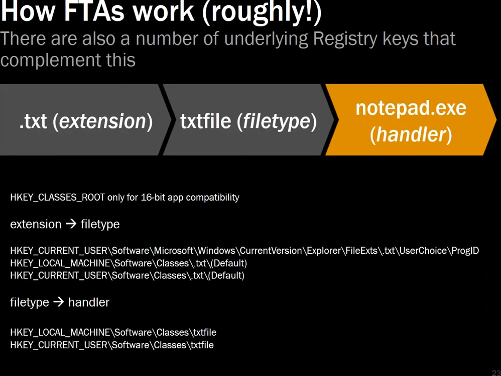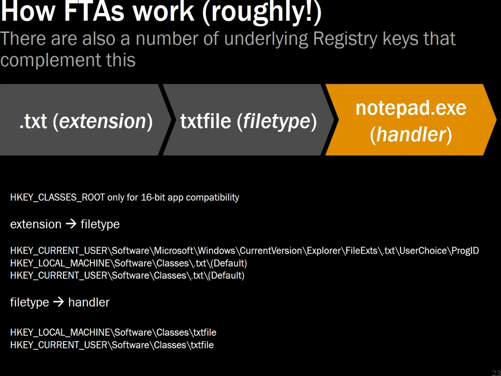So what you've also got, along with the actual relationship between the extension, the file type and the handler, is a bunch of registry keys that complement this or map into this. Now, HKEY_CLASSES_ROOT is a registry hive that a lot of people often associate directly with FTAs. However, HKEY_CLASSES_ROOT only exists for 16-bit application compatibility.